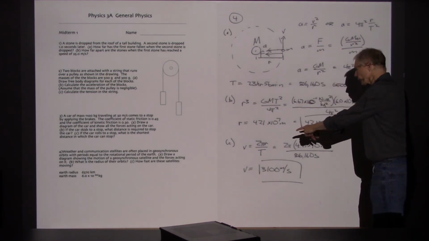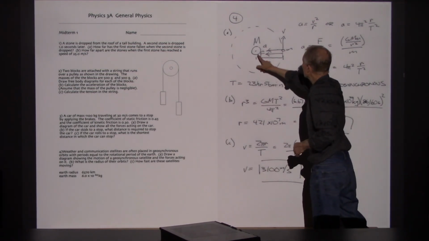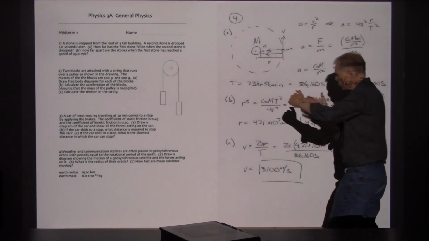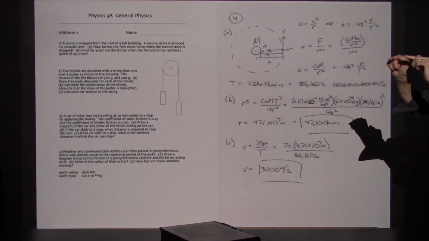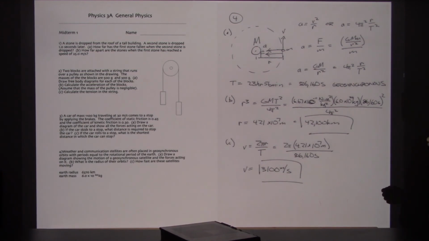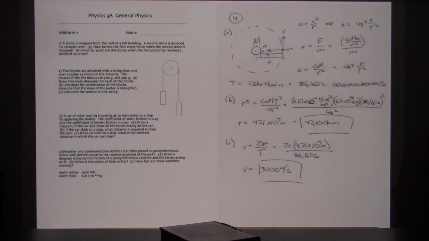And then as far as v, in part C, they want to know how fast. So we want to launch these, turn the rocket so it's right along that circular orbit, and then we want to get the satellite at exactly the right speed, and then turn off the rocket engines and let the satellite go into orbit.